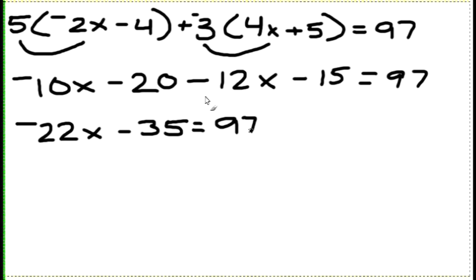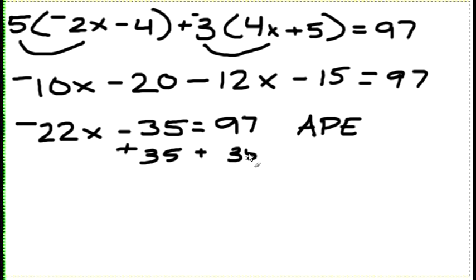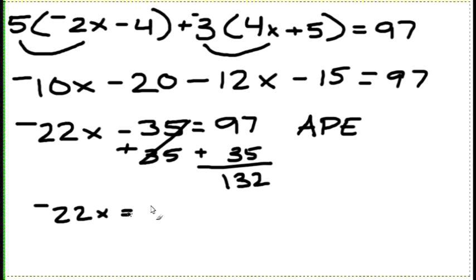And now you're going to use the good old addition property of equality and add 35 to both sides. And those cancel out, and then you get 132. So now you have negative 22x is equal to 132.